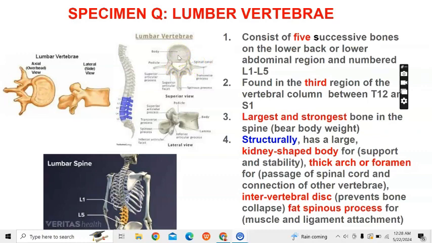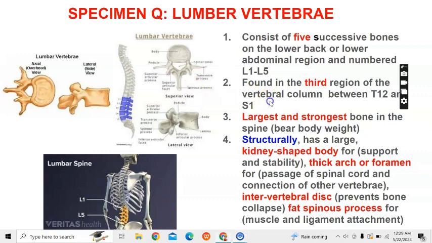You should also note that the lumbar vertebrae has an intervertebral disc. Here is the intervertebral disc. It prevents the bone from collapsing. Also it has a flat spinous process. You can see the spinous process. It serves as an attachment site for the muscles and the ligaments. So that is that about the lumbar vertebrae.